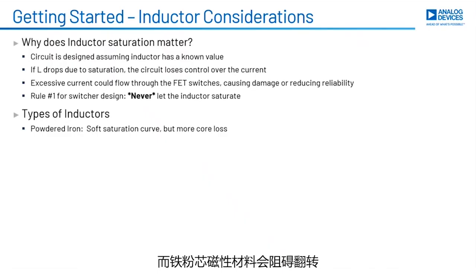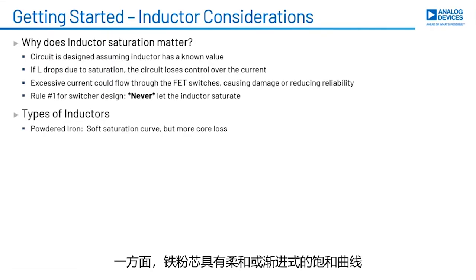And in powdered iron magnetic material, there's a resistance to that flipping, and that resistance causes heat loss, and it's called core loss in the inductor. So the trade-off with powdered iron is they have a nice soft or gradual saturation curve, but you might get more heat loss because of this core loss phenomenon.